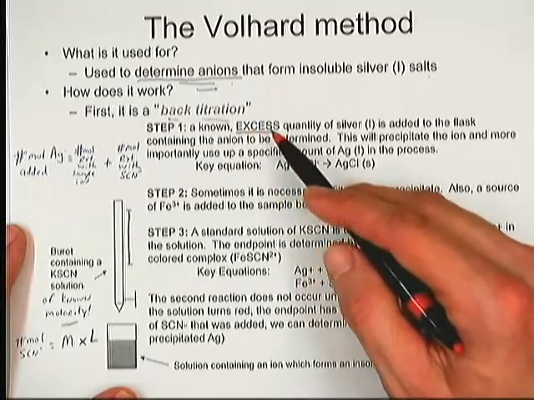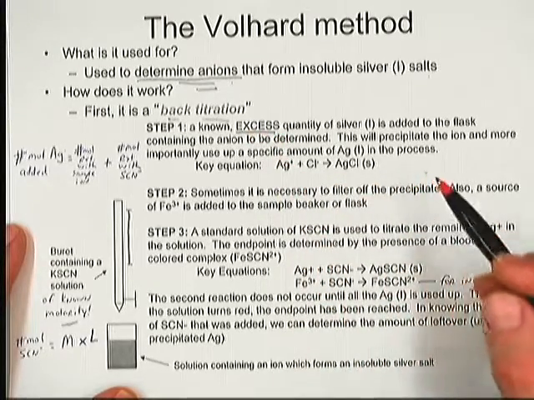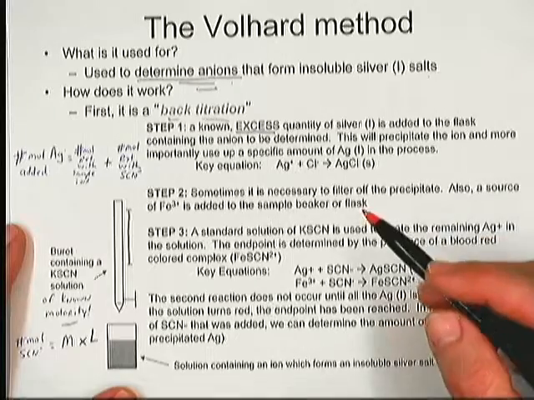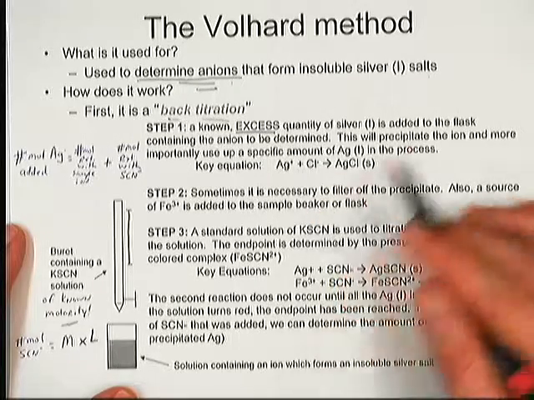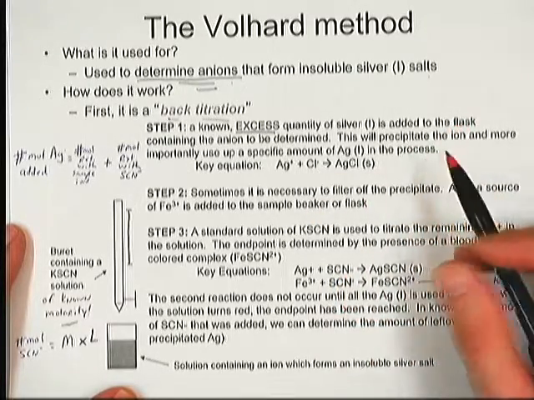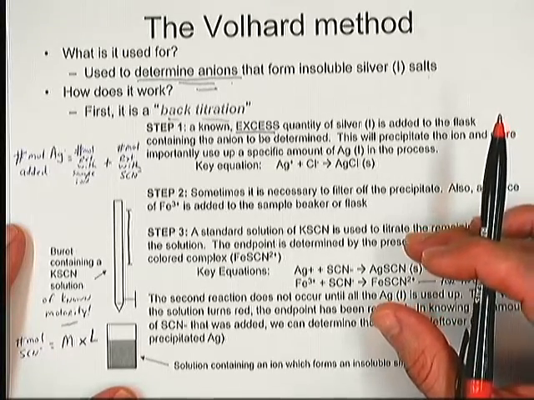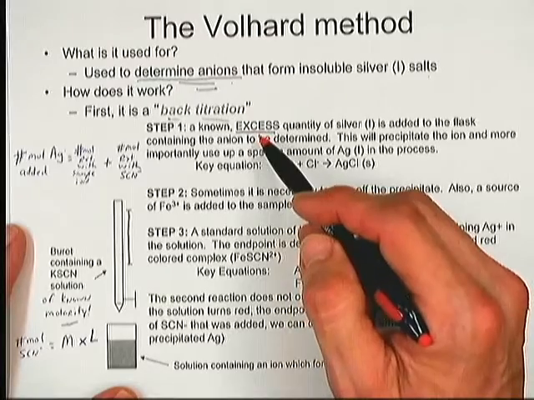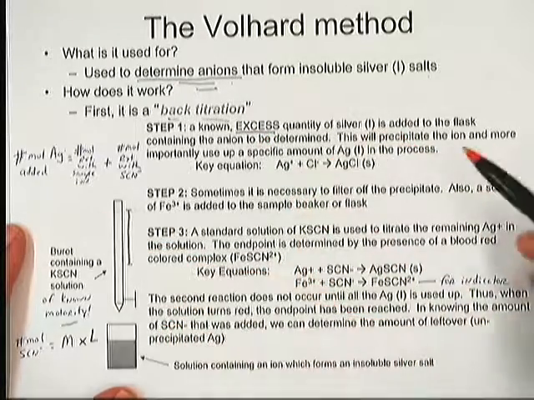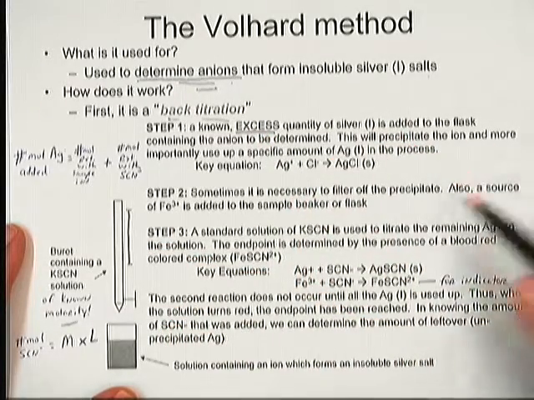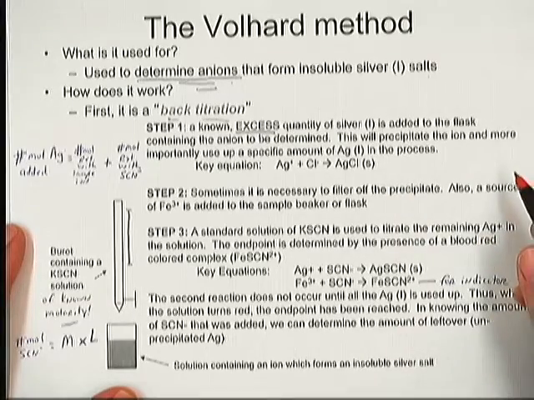You add an excess quantity. The reason for doing that is because that reagent that you add consumes 100% of the analyte, and there's a little bit left over once the analyte's used up. And then you can titrate the substance that you added back to equivalence, okay? And from doing a little bit of mathematics, you can figure out how much of the analyte was present.